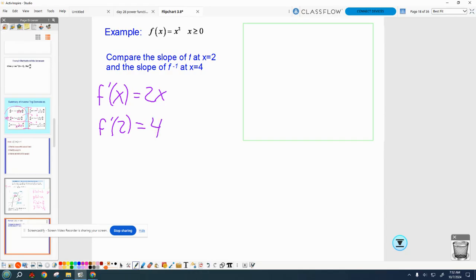How do I find the inverse? George, what do I do to find the inverse? It's not the reciprocal. I want to find the function that is the inverse. So in algebra 2, what did we do to find the inverse? Trade the x and the y.